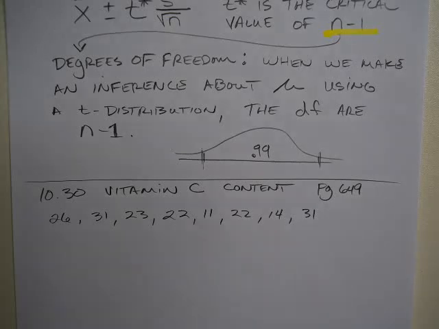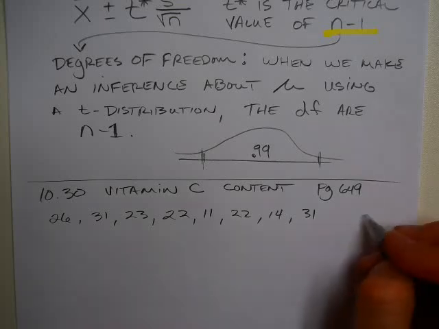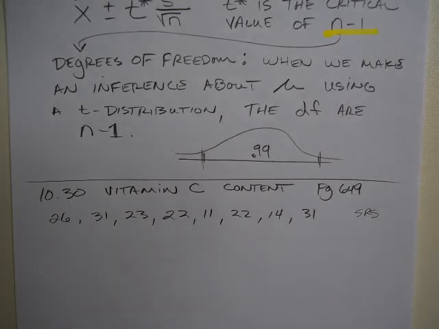And what we want to do with those, well, no sigma was given. It didn't say anything about it being normal. It does say random sample, so I'm going to put a note over here, SRS. If it says random sample, we can call that an SRS.